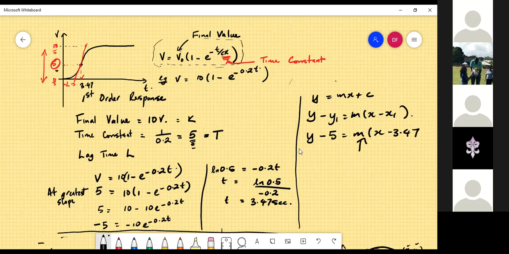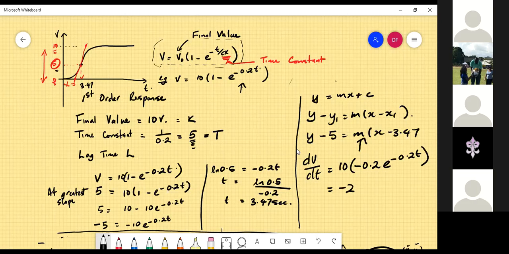So dv by dt, what's that going to be equal to? Well, we have to differentiate what is inside the bracket. So it's going to be 10 times, when we differentiate this, minus 0.2 e to the minus 0.2 t.